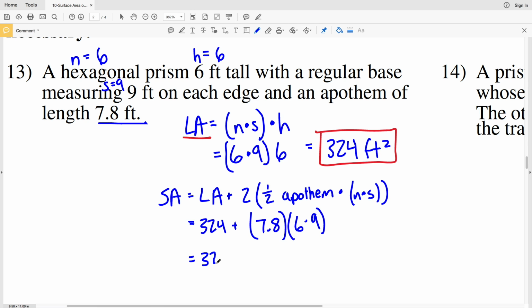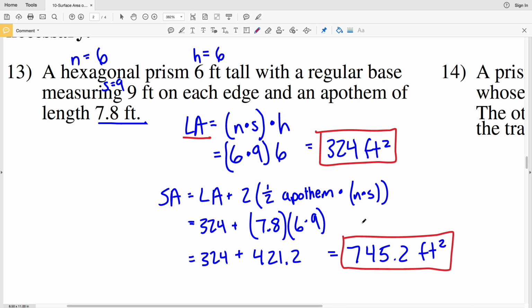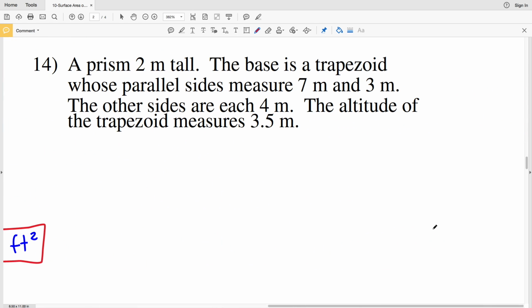So that would be 324 plus 7.8 times 6 times 9, which, the area of both of the bases, is equal to 421.2. And when we add that to 324, we'll get the total surface area, which is 745.2, and that's feet squared, since we're dealing with area. 745.2 feet squared.